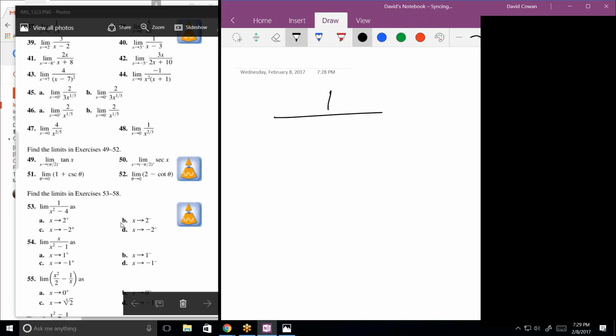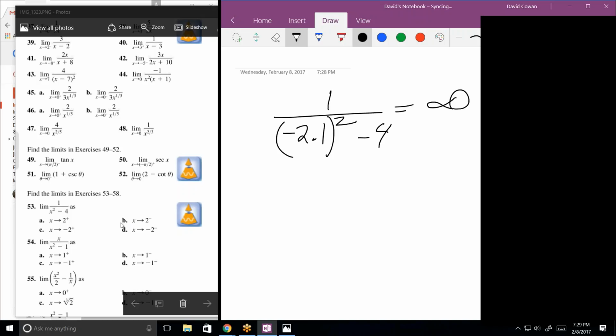Right, exactly. In other words, if I put in a number that approaches 2 from the left, maybe it would be 2.1. Okay? But I'm squaring it. Minus 4, so that's a positive denominator now. And so that is positive infinity.